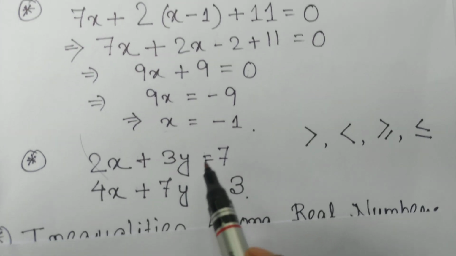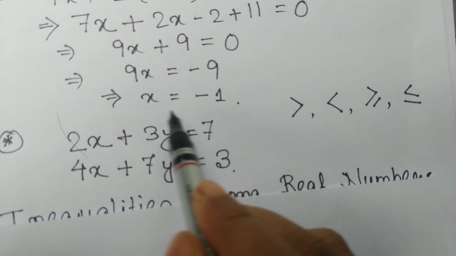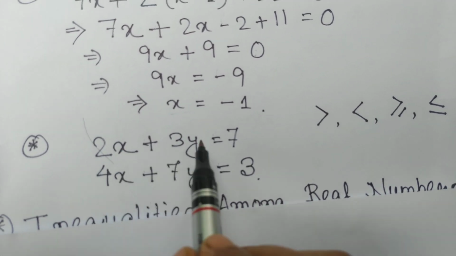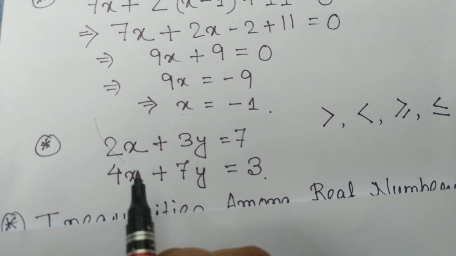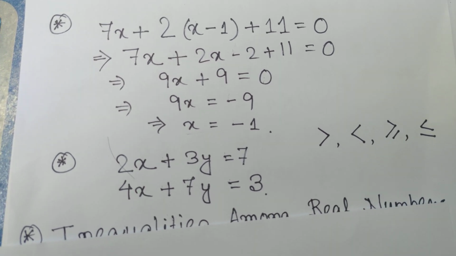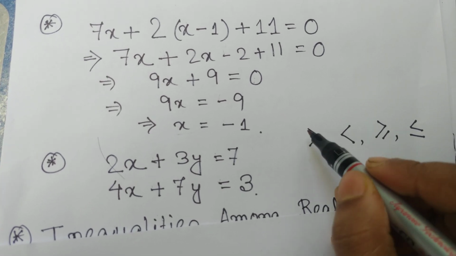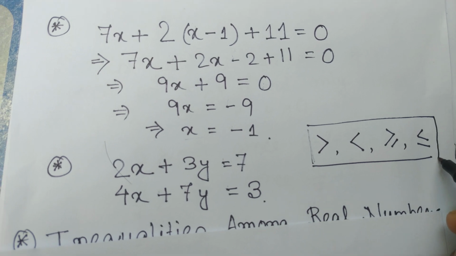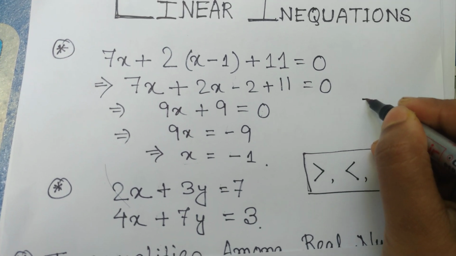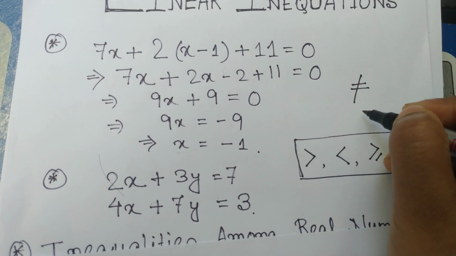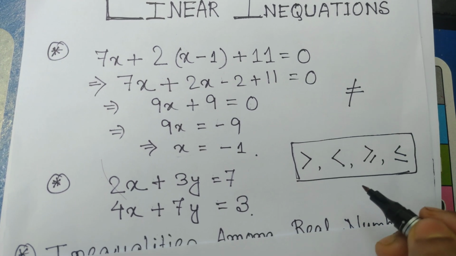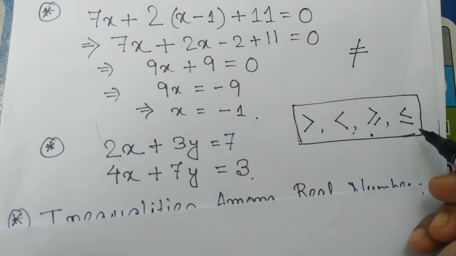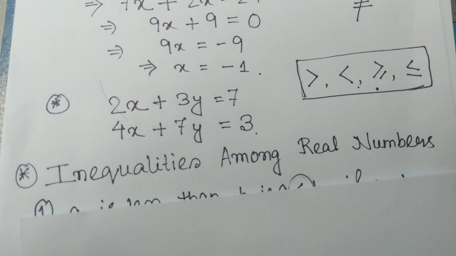And this is a type of two linear equations with two variables, which you have solved with the different methods I mentioned. Now, when I say inequalities, we use these 4 signs. Why? Because if it is not equal, then it will be either greater than or less than, or greater than or equal to, or less than or equal to.